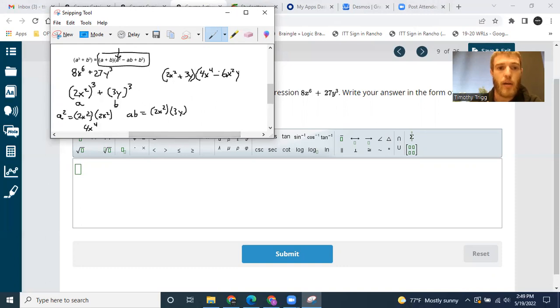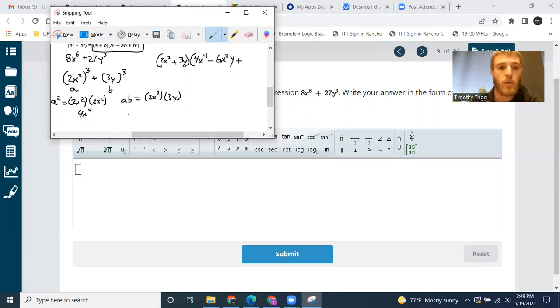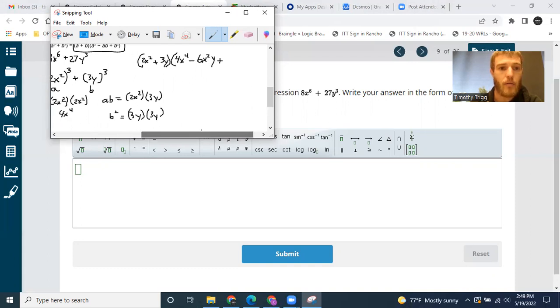Notice in our formula next, we have a plus, and it says b squared. So we're going to do plus. Now we want to do b squared. So what's b squared? Well, that's 3y squared, right? So 3y times 3y. That makes 9y squared.